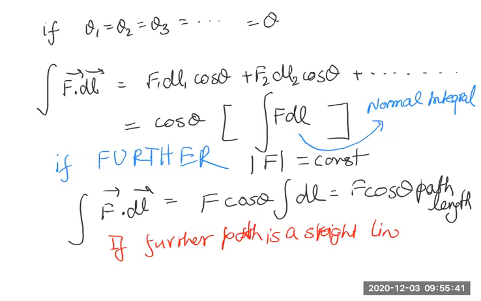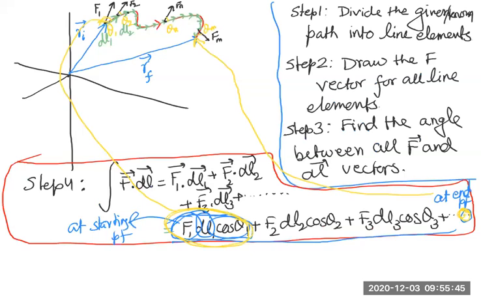line, क्या होगा? I hope some of you, when I asked what integral dl will be, I hope some of you did not have the temptation to say that integral dl will be the displacement. No, it will not be the displacement.